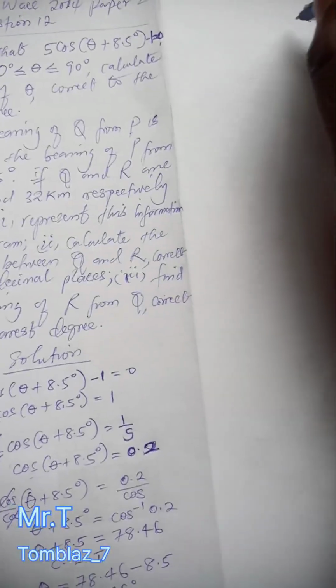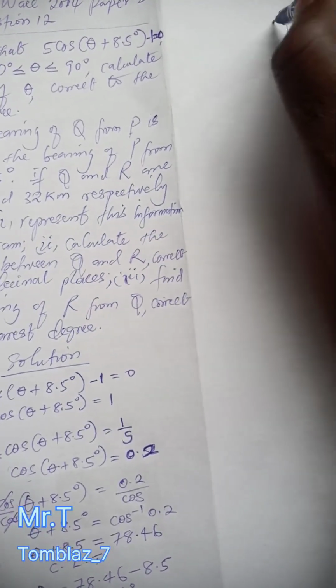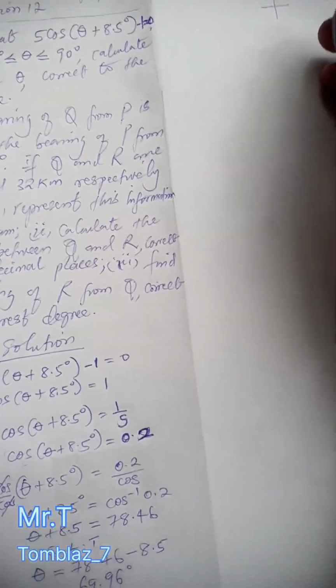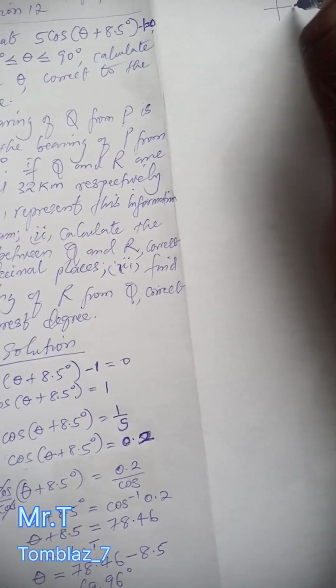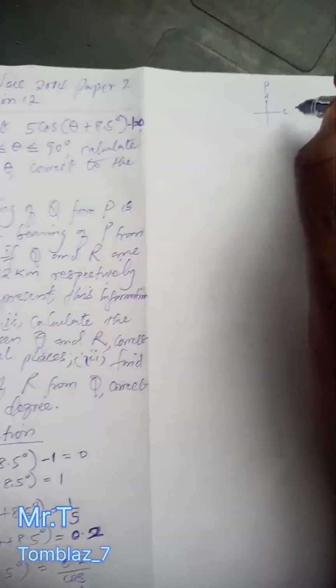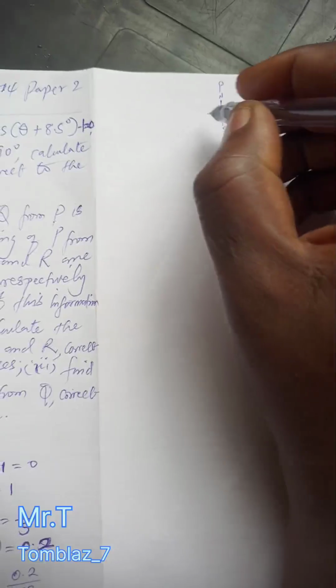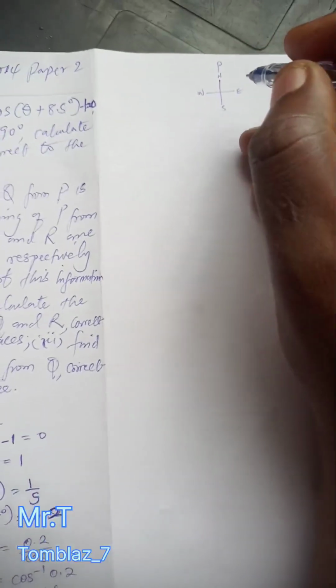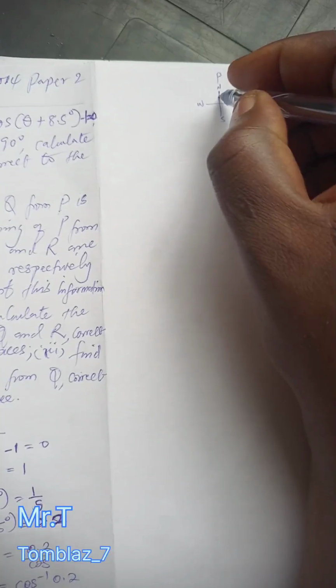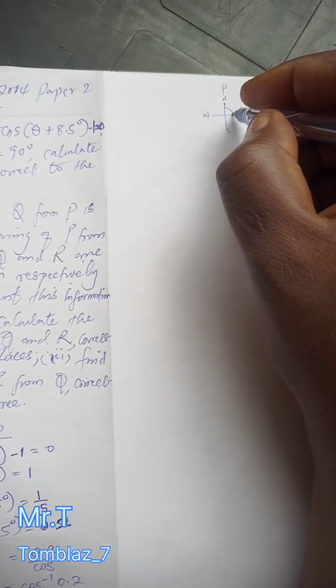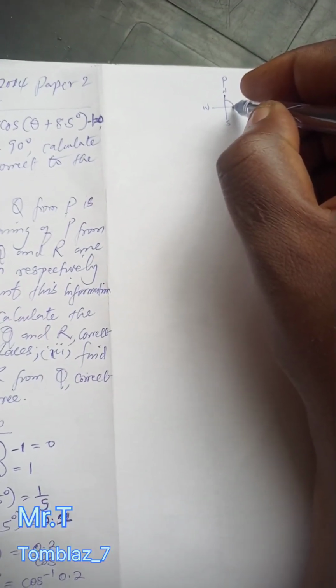So let's assume this is our P. This is our P, and then north, east, south, and west. So we want to get 150 so that we can get Q. We start moving from north to east. It's 90.